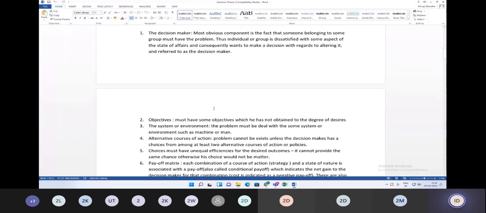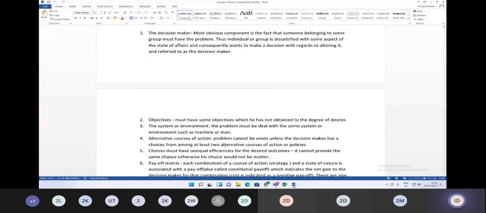The system environment: there are many environmental, socio-environmental factors to be considered while taking the decision. The environmental factors may be related to machines, to man, or any other factors. Alternative courses of action: in taking a decision there are multiple alternatives, and out of those a particular alternative action has to be taken.